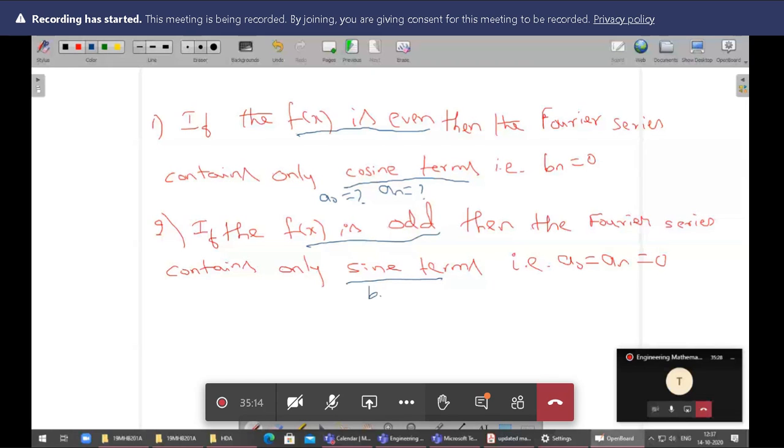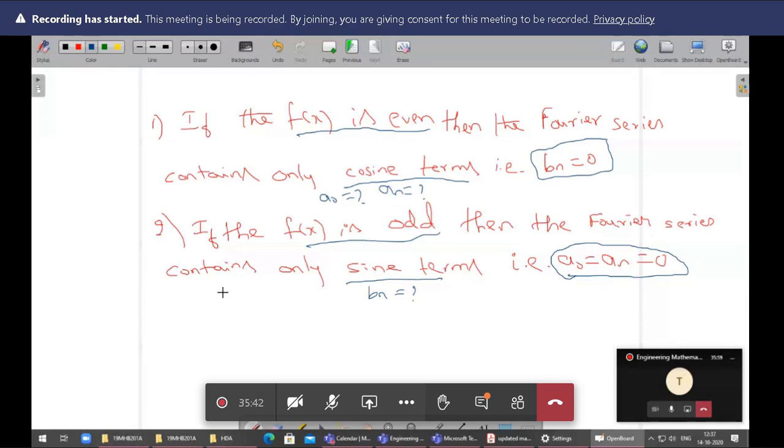Since the function is odd, I can directly write a naught and an are zeros. If this function is even, I can directly specify that bn is 0. So forget about the derivations. We will not derive how it is.